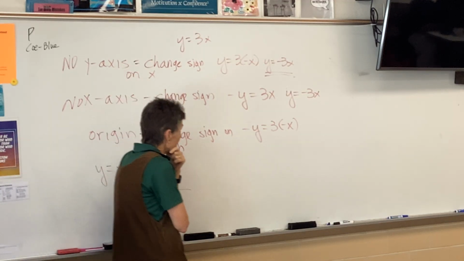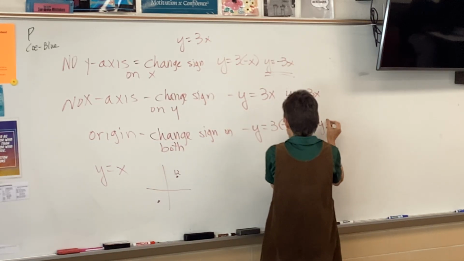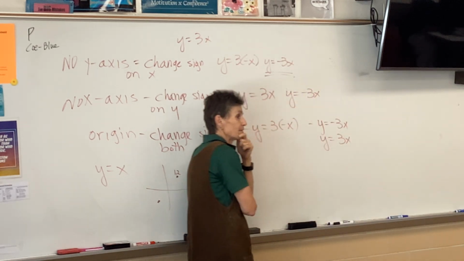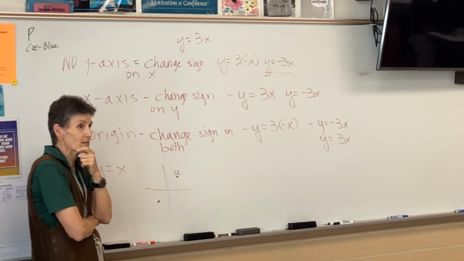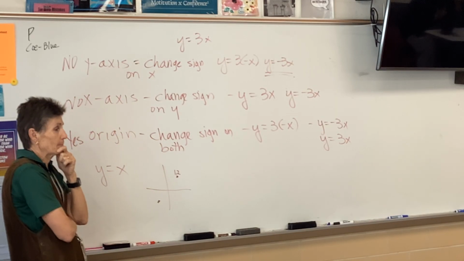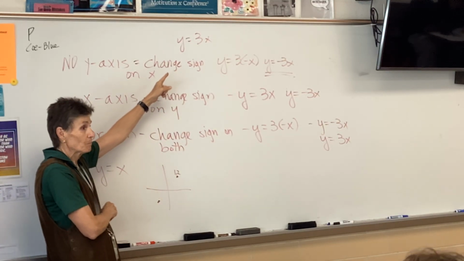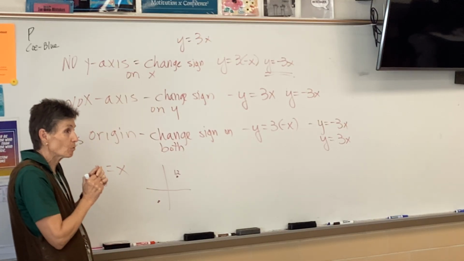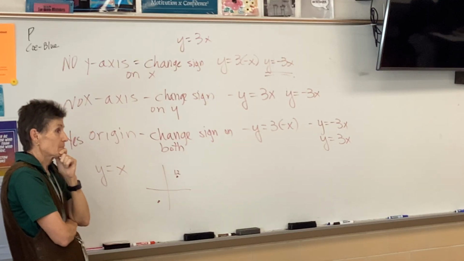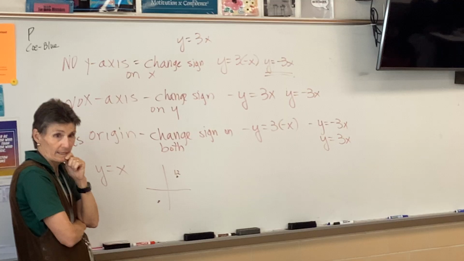Now, clean it up. Does that simplify to give me my original equation? So that one has symmetry about the origin. Which means if you graphed this and folded your paper across the origin diagonally, it would land on itself.